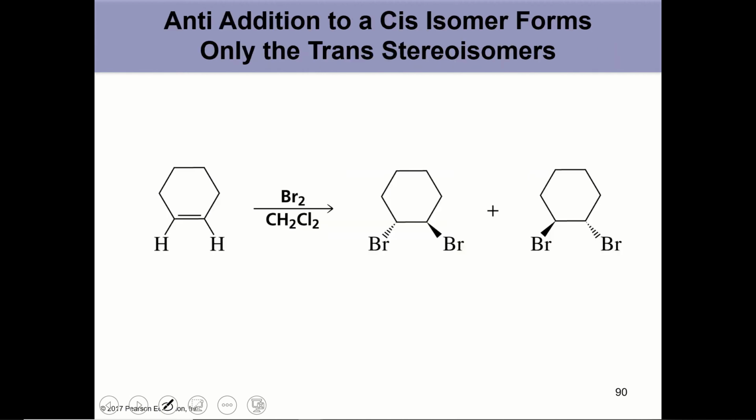All right, how about anti-addition to rings? This is probably a more favored question to ask. They like to ask questions about adding Br2 to a cyclic alkene.